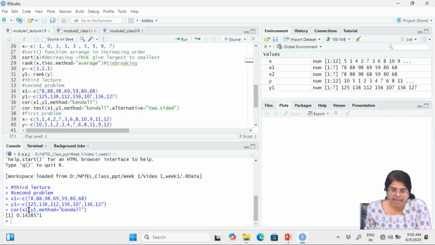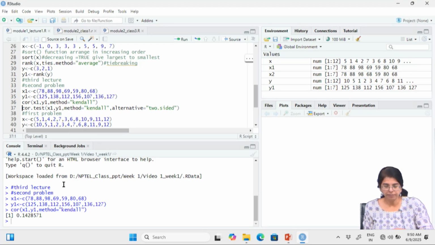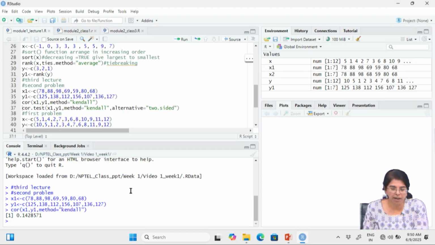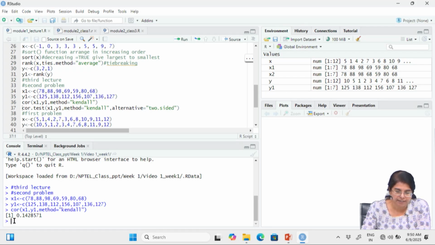So, you can say, let me write here the conclusion: x1 and y1 share positive correlation, positive monotonic association, but that association is poor.